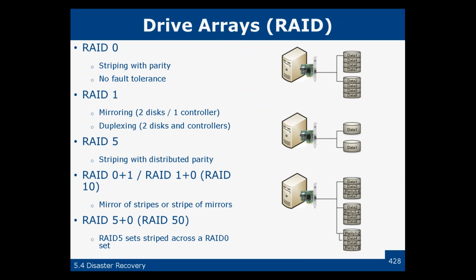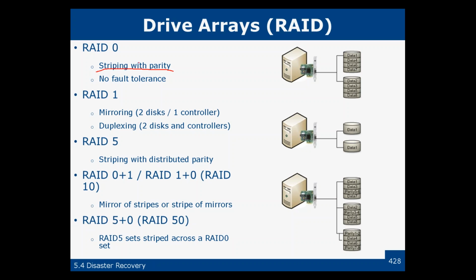RAID, redundant array of independent disks, allows us to have fault tolerance except for RAID 0. RAID 0 doesn't have any fault tolerance. It has striping, they say with parity.